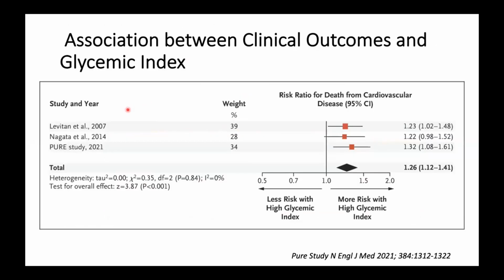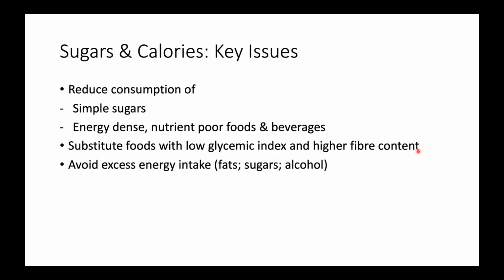Earlier, there were a few studies which suggested that patients who are taking high glycemic index food have increased chances of cardiovascular disease. But this PURE study has clearly shown there is almost a 32% increase in incidence of cardiovascular disease compared to the patients who are taking the least high glycemic index food. So around 32% increased incidence of cardiovascular disease caused by high glycemic index food.